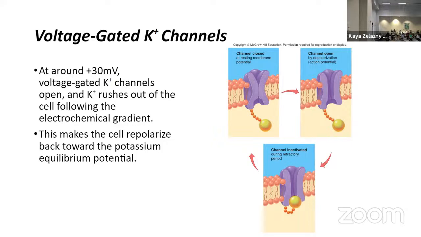And so when our potassium voltage gated channels open at positive 30, potassium rushes out of the cell following its electrochemical gradient. This is really the bulk of what is making our cell repolarize. It doesn't keep going up because the sodium channel is closed, but it actually goes down because potassium starts leaving the cell. That starts to repolarize our membrane potential, leading to the second phase of our action potential.